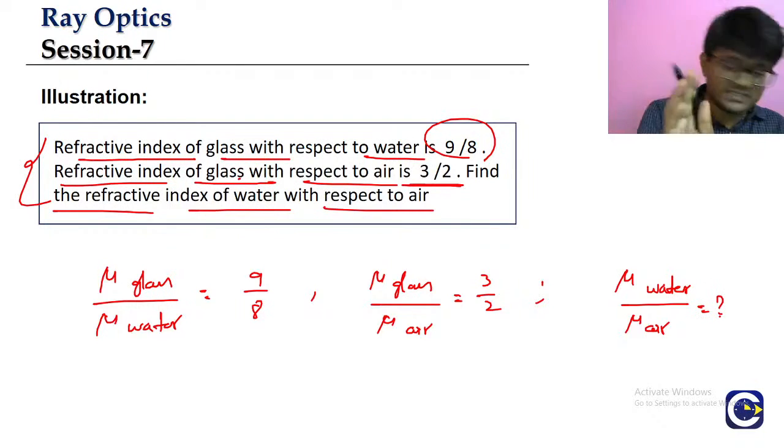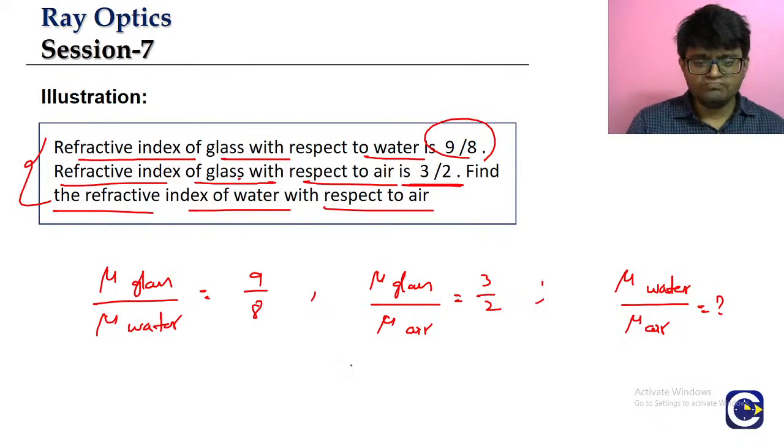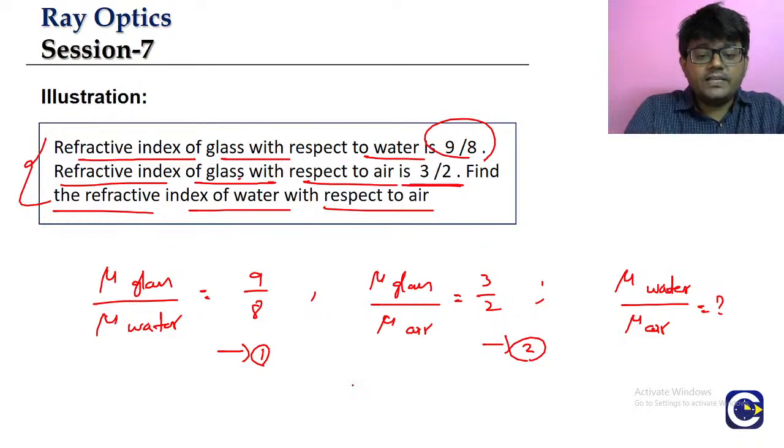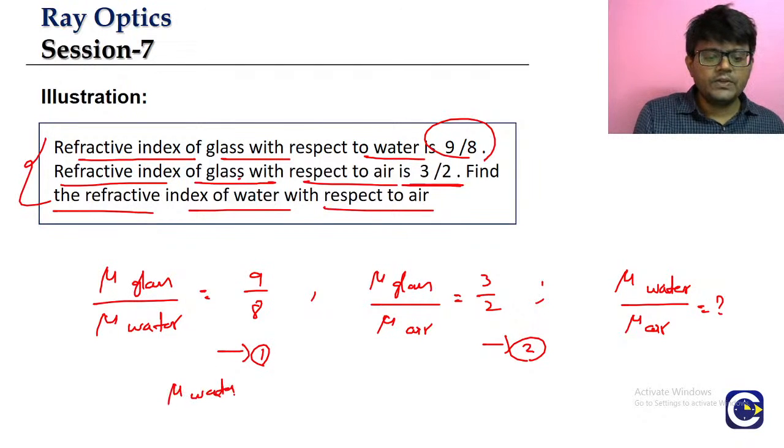Check it up, guys. It's a straightforward question. How do we get this one? This is the first ratio, and this is the second ratio. I think the first ratio we have to reciprocate, inverse it, and then multiply with the second ratio. If we inverse, we get mu water by mu glass equal to 8/9.